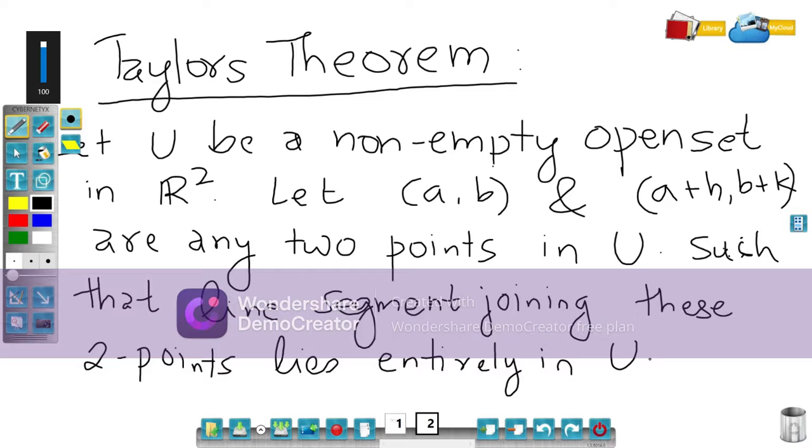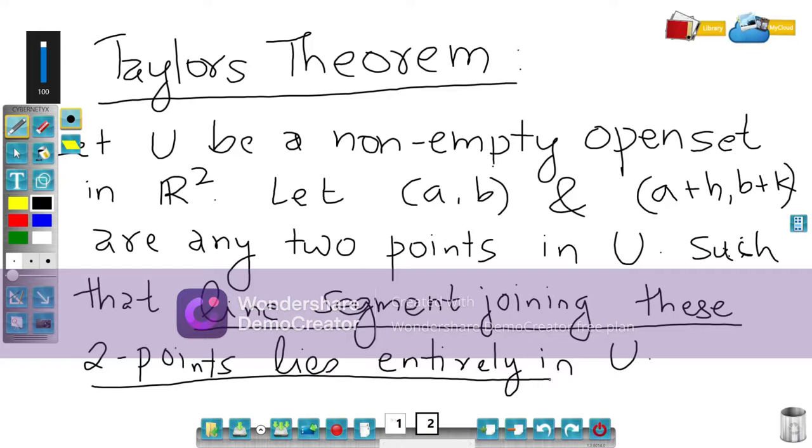So if you draw a line segment joining any two points, and that line again lies in U, then such a set is called a convex set.